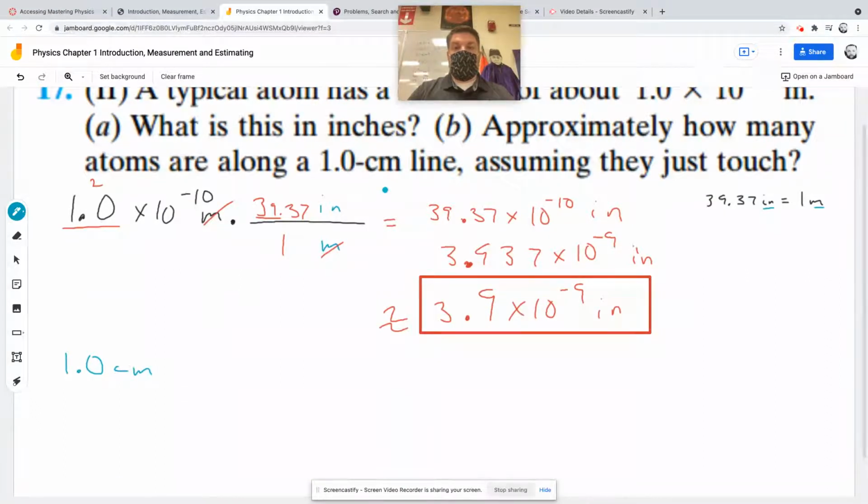And then I'm going to add, because they're asking you how many atoms. So believe it or not, this is just a conversion. Okay? I'm going to go from centimeters to atoms. So the first thing I'm going to do is I've got to convert everything to meters, because meters are the standard. So I'm going to convert centimeters to meters.